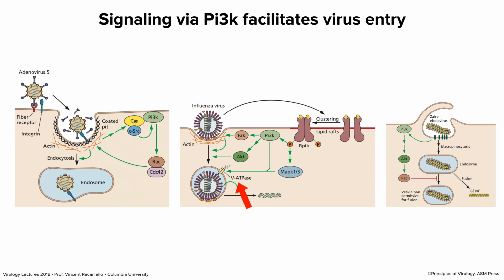That's that little yellow cylinder there, and you can see a green arrow coming from these particular signaling pathways.